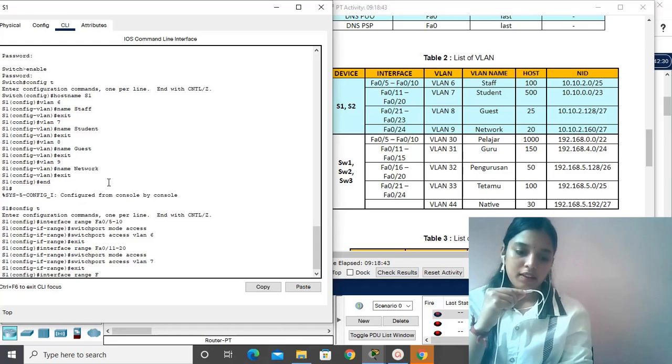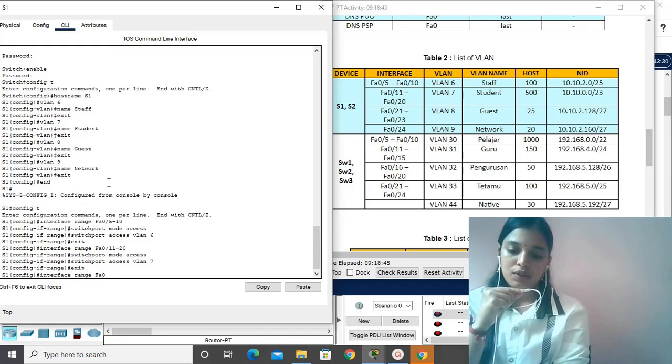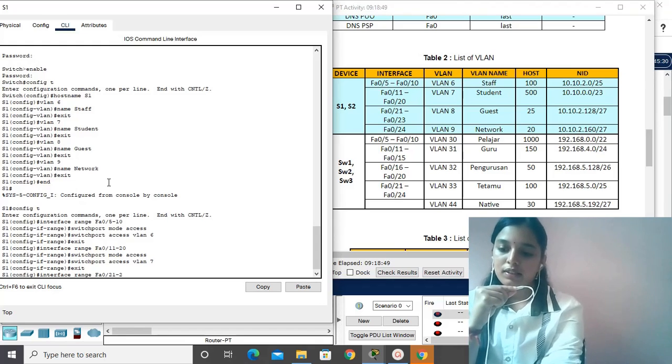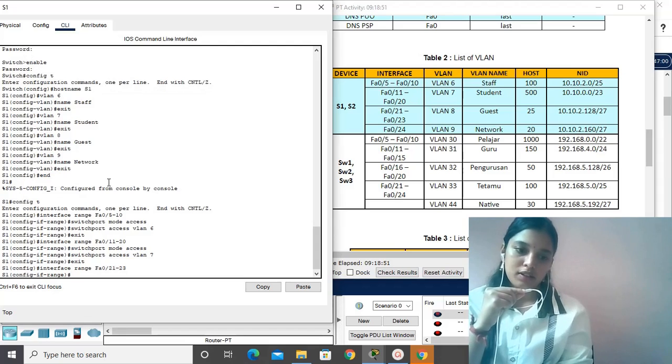And then interface range again. FA0/21 until 23. Must follow the table instructions. Switch port mode access.